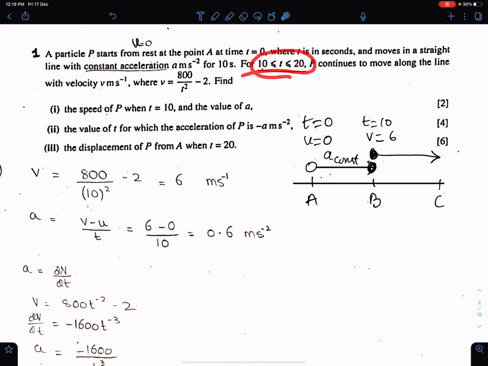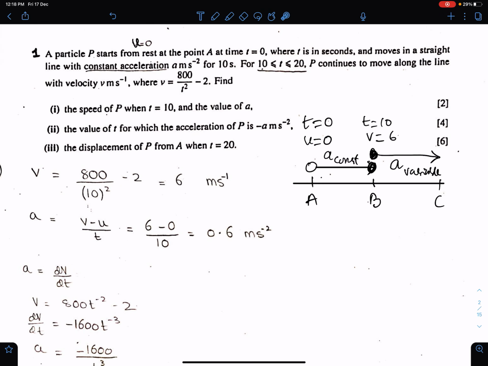For the next 10 seconds, P continues to move along the line with velocity. This is the variable acceleration. So motion from A to B, at B time is 10. Motion from A to B acceleration is constant, and motion from B to C acceleration is variable.